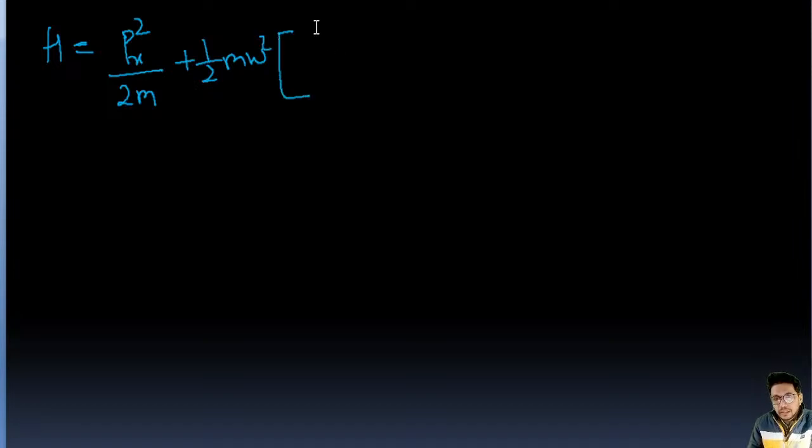Now we'll write further. H equal to px square upon 2m plus half m omega square, we'll take common, x square minus 2ax upon m omega square.